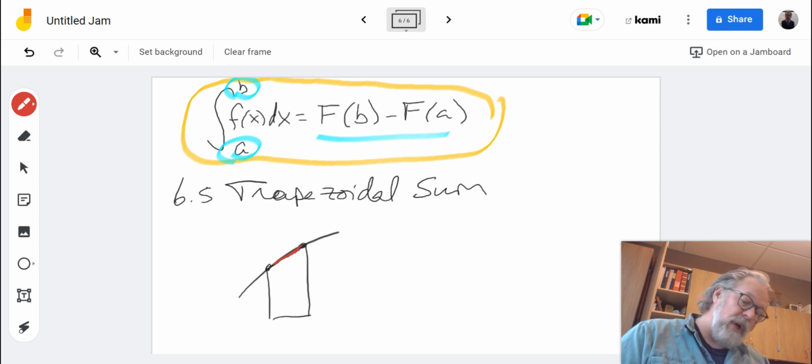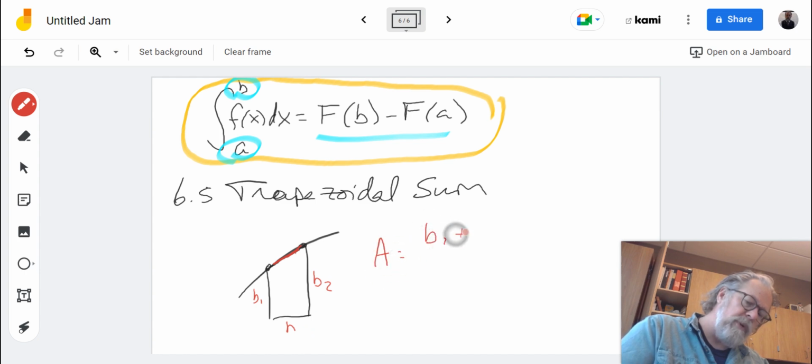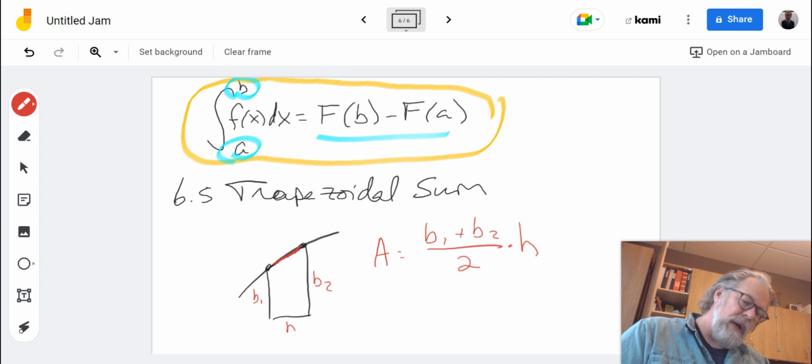And there are some shortcuts with trapezoids, but the main thing to remember is that the area of a trapezoid is b1 plus b2, all divided by 2, times the height, which in this case is our delta x. And then, of course, the area underneath the whole thing is the sum of all the areas.